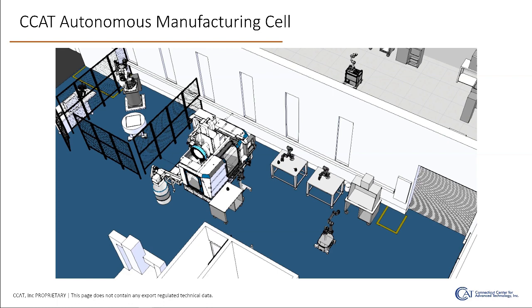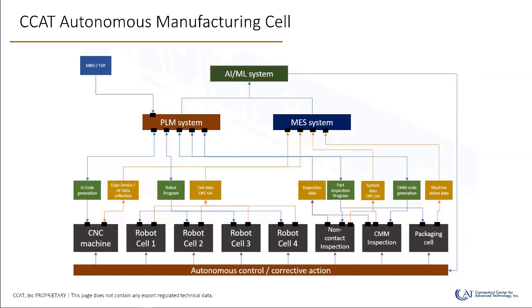In other words, if a tool starts to dull, if a tool breaks, if there's any sources of issues that arise during the manufacturing process, the system will be able to detect and account for it on its own. So the overall architecture here is we're going to have a PLM system, MES system that's going to be collecting all the data from the machines.